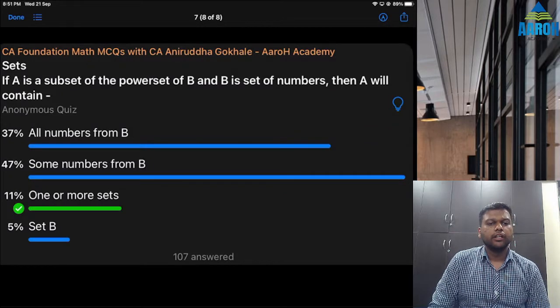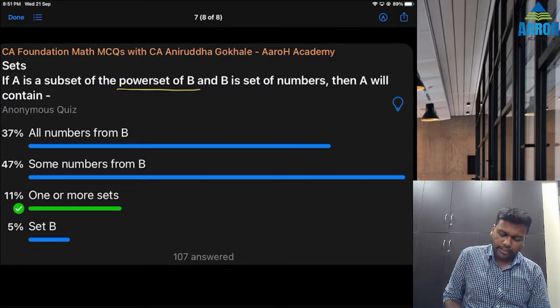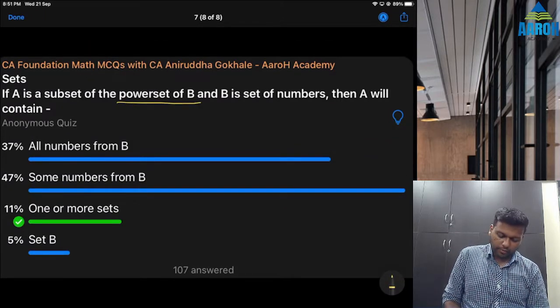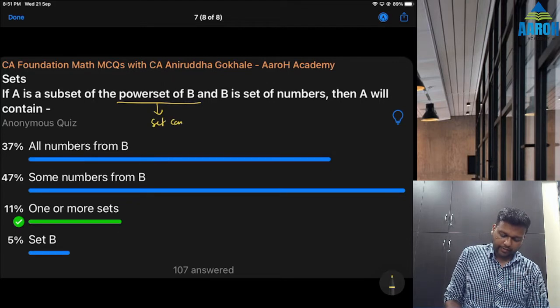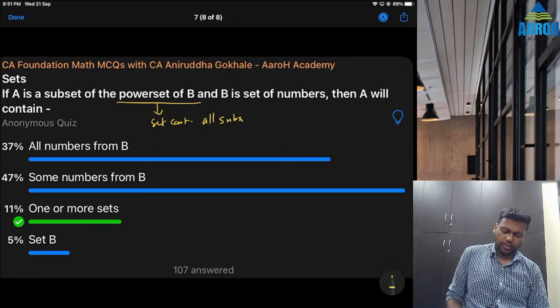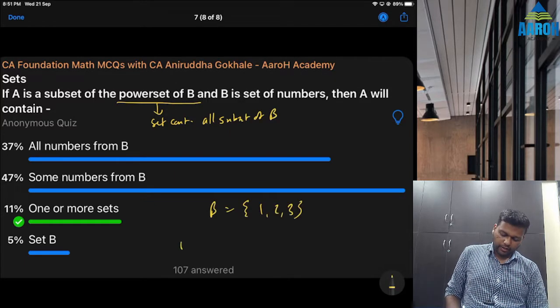Fine. If A is a subset of the power set of B, what is the power set of B? The set containing all subsets of B. So for example, if B is {1, 2, 3}, then what is the power set of B?